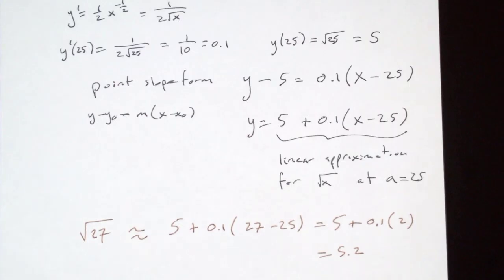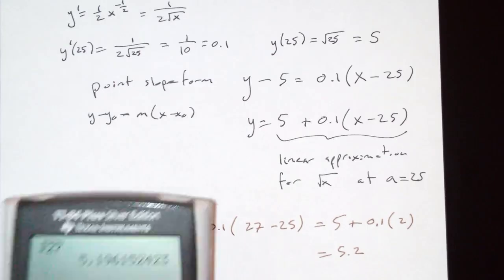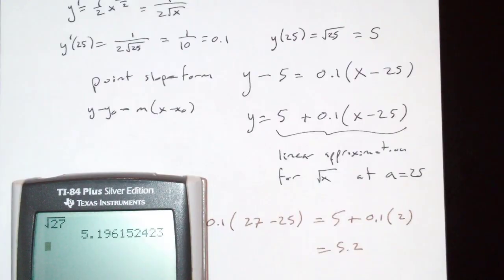How far off am I? Grab your calculators. What's the square root of 27? I am off by less than 0.01. Actually, let's do the subtraction.